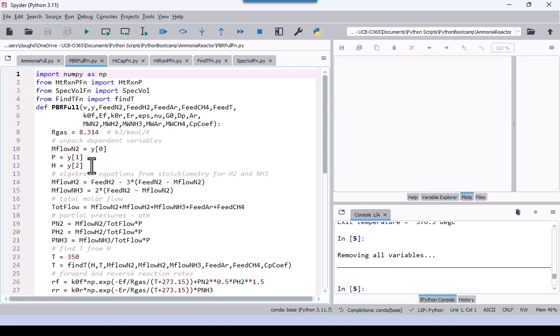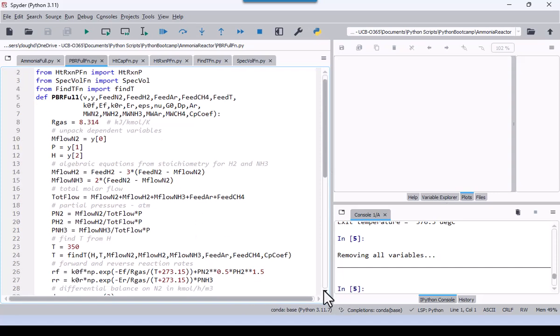So what we've got there is essentially a derivative that's equal to zero, so that stays constant through the solution. Here we've got the stoichiometry and total flow just as before. We've got the partial pressures, but now the pressure is not constant. It comes from the solution of the Ergun equation.